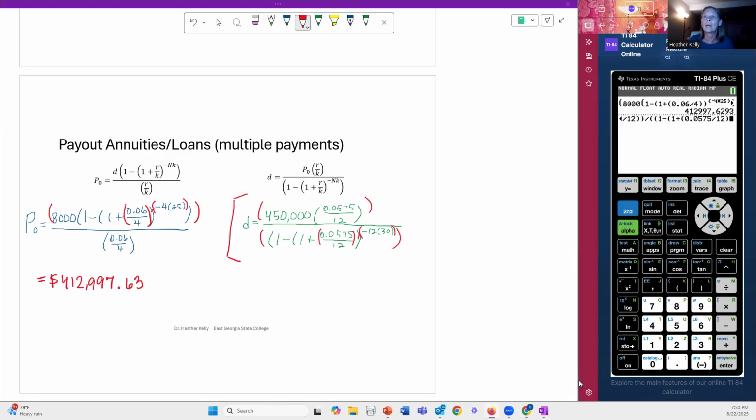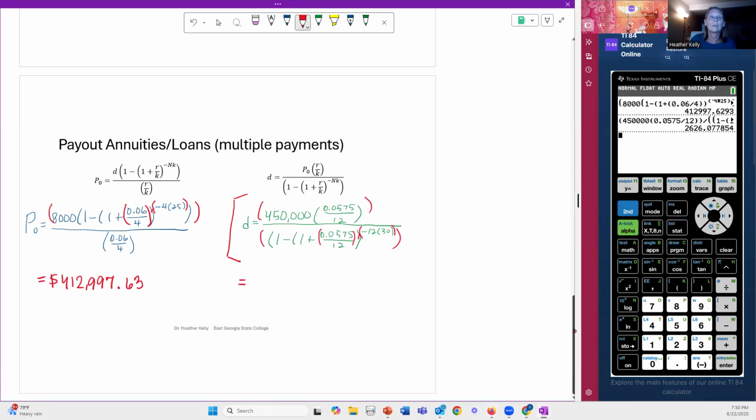Close that guy, to the power of open negative 12 times 30, close, come down, close, enter. And we get $2,626.08. Okay, I hope that helped.